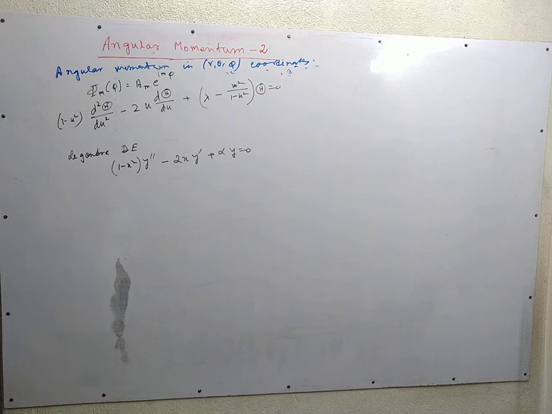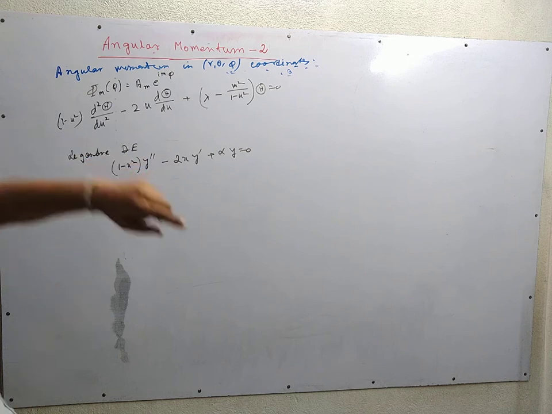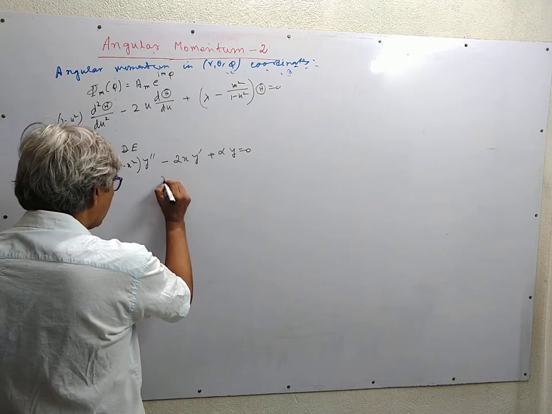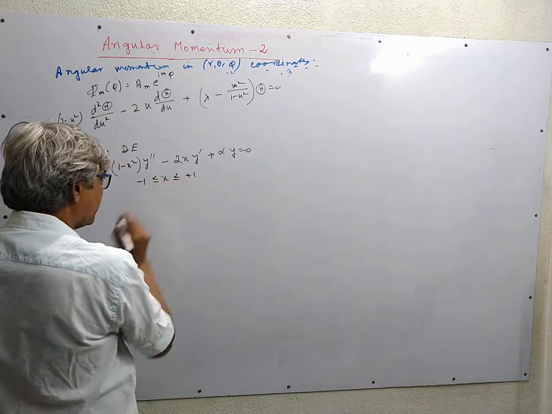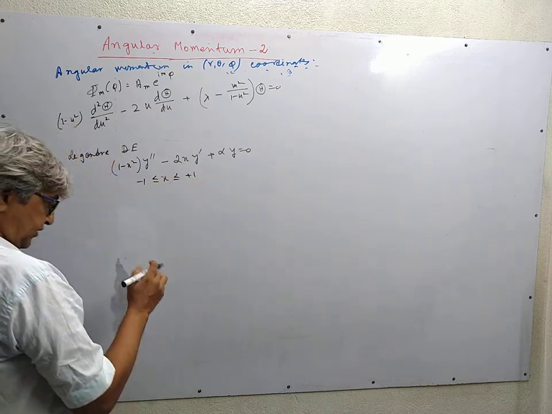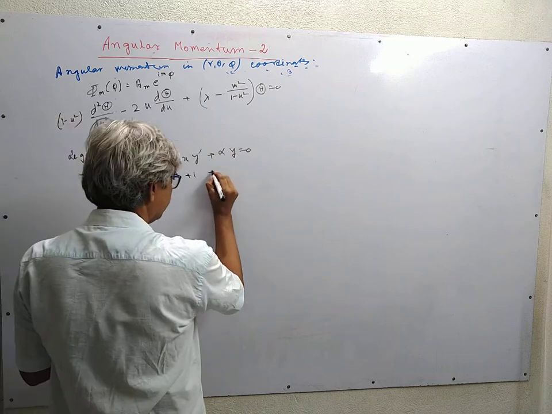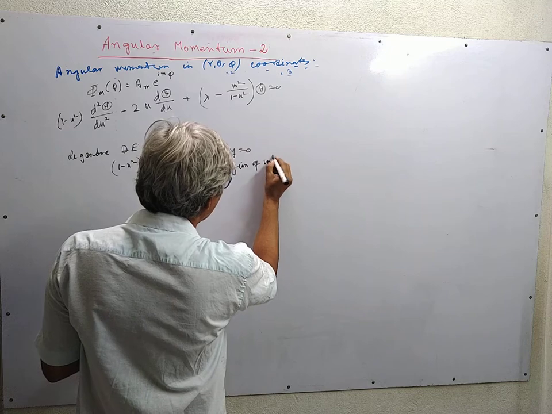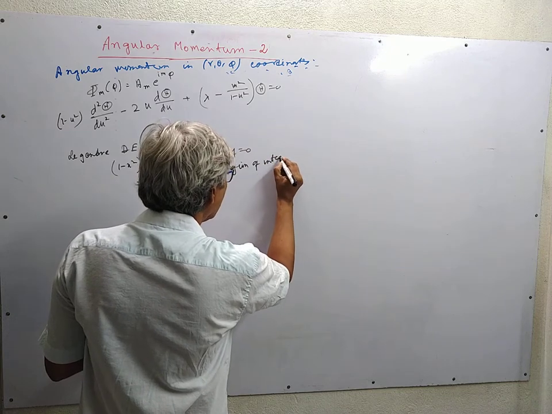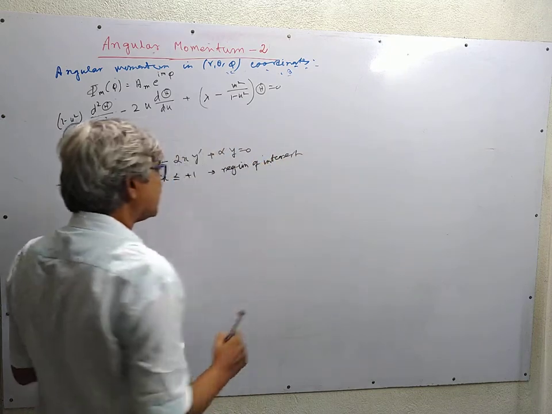Since x is equal to plus or minus 1 are removable singular points, we are interested in getting the solution in between plus and minus 1. This is the region of interest.